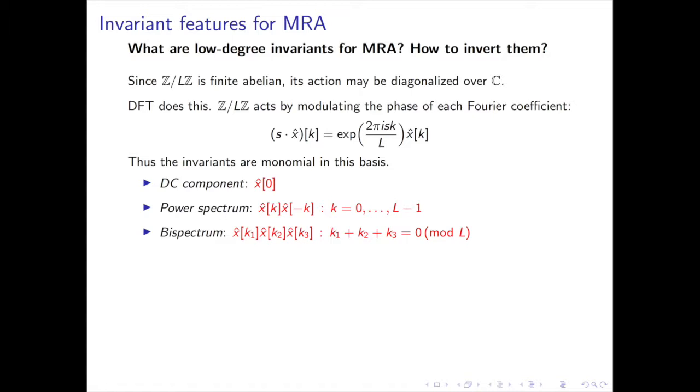I claim they are X hat of K times X hat of minus K. If S acts, it modulates X hat of K by S times K and X hat of minus K by minus S times K, and these cancel, so again the left-hand side equals the right-hand side for all S. Similarly for the cubics, those are exactly the invariant cubic monomials. And you can keep going; for higher degree, it's clear how to proceed.